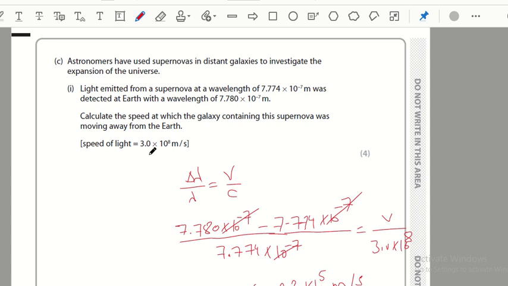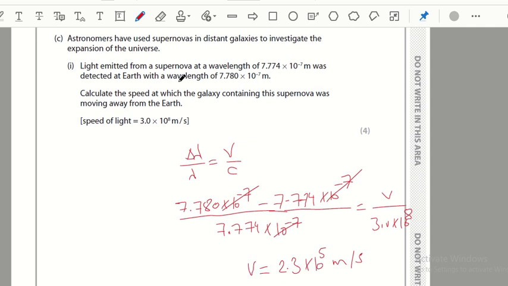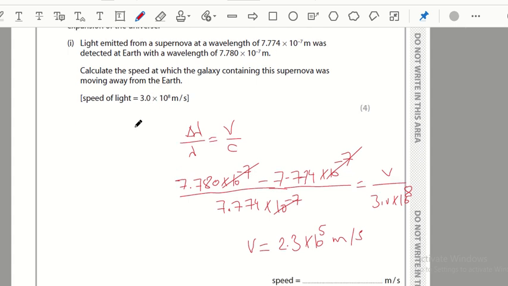Astronomers have used supernovas in distant galaxies to investigate the expansion of the universe. Light emitted from a supernova at a wavelength of 7.774 times 10 to the minus 7 meter was detected at Earth with a wavelength which is greater than this. Calculate the speed at which the galaxy containing this supernova was moving away from the Earth.